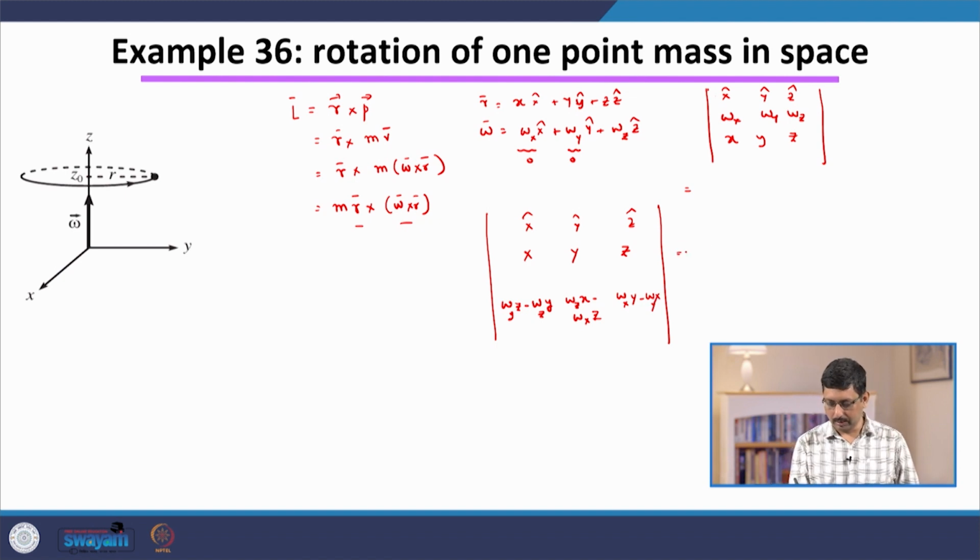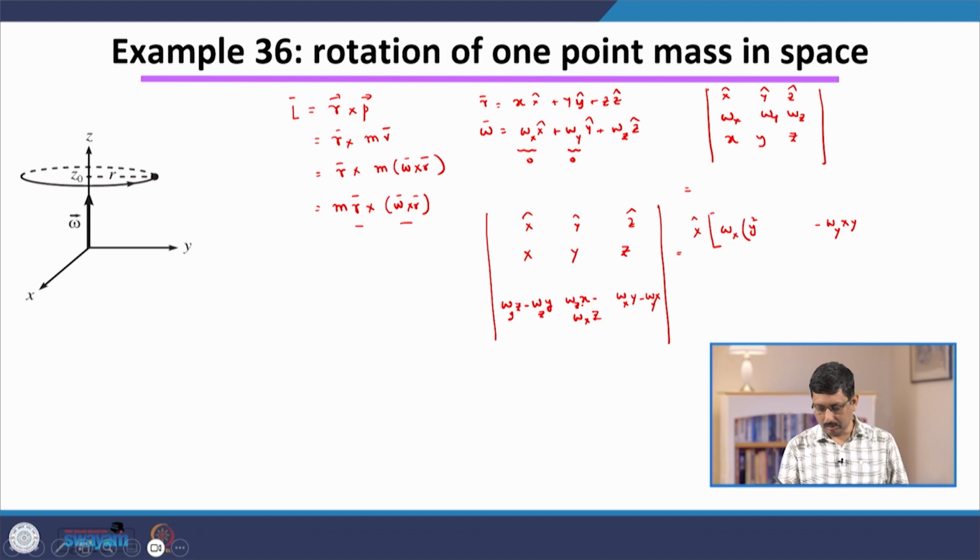So, let us write down the first component. The first component is y squared times omega x minus omega y x y, and then we have minus omega z x z plus omega x z squared.